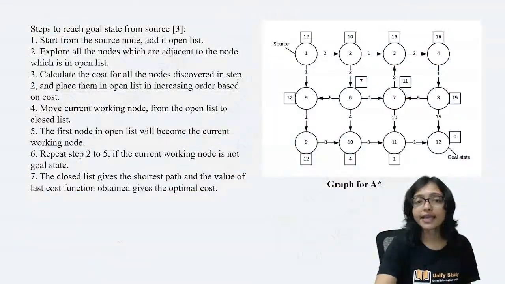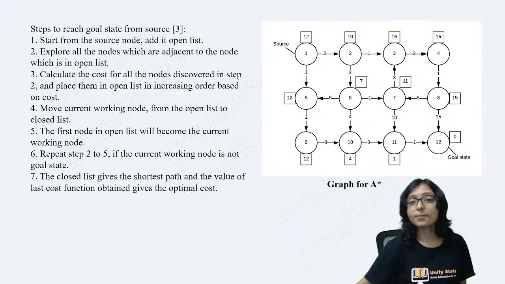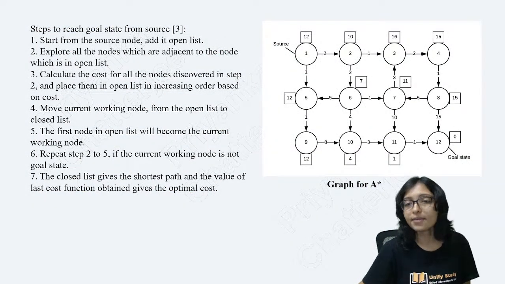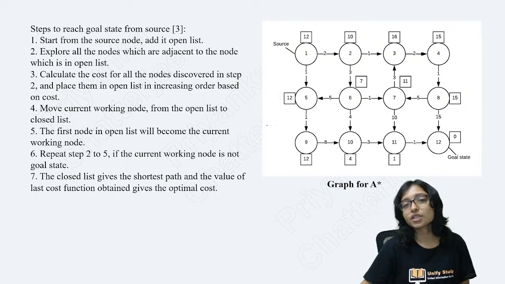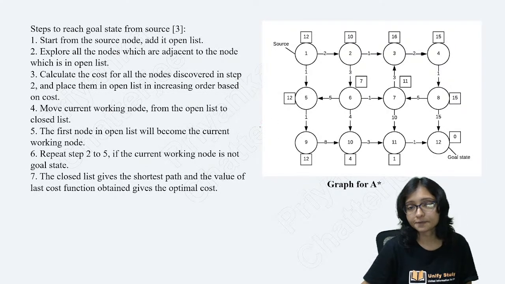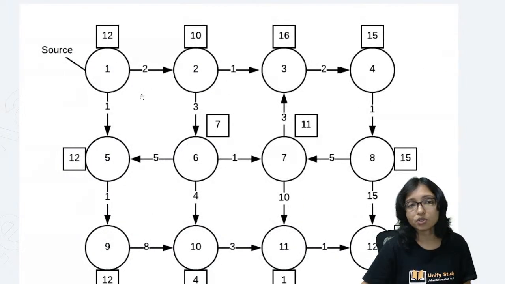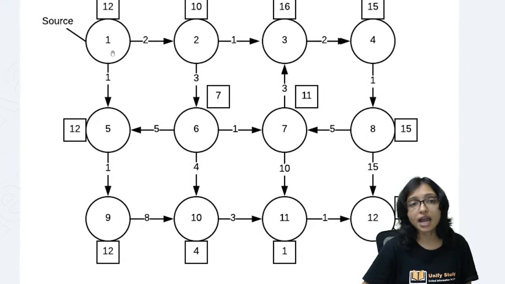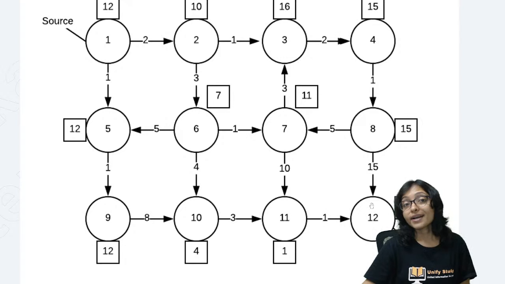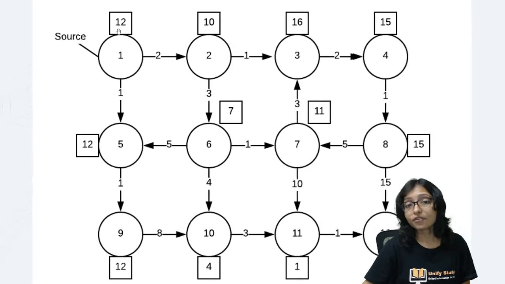Okay. So here is the example. Here also I took the same example, so that you can relate it. This is the same example for the A-star algorithm also. I will start from here and I want to reach the goal. What is the main difference? These are the heuristic values.